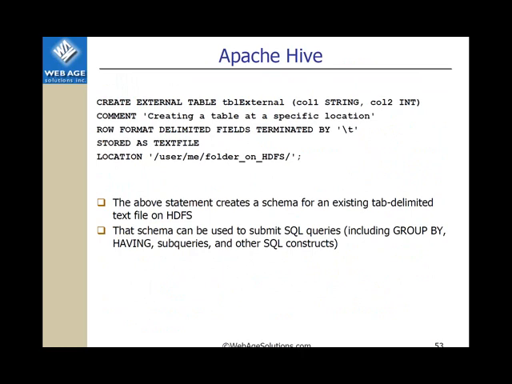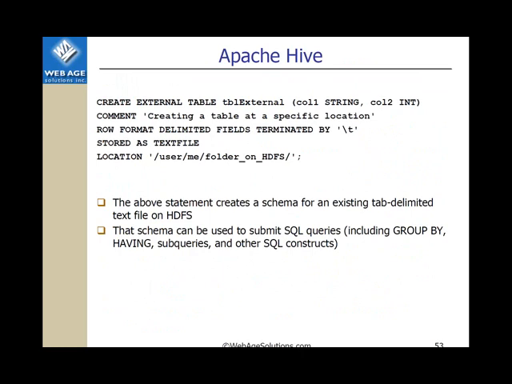Remember that Apache Sqoop discussion we had a while back. And we have the delimiter tab between the columns, and the first column is literal, the other column is an int. So we create a schema using that DDL, which is remarkably similar to what you would see in the regular SQL 92 type of spec.